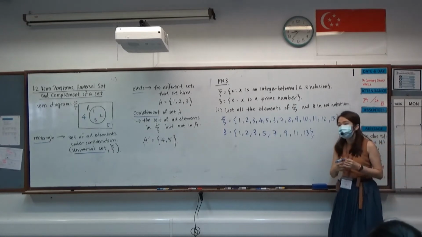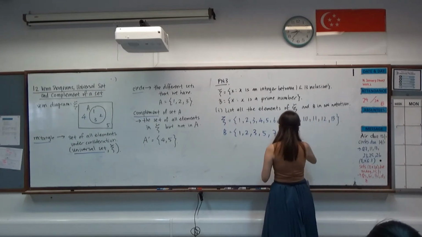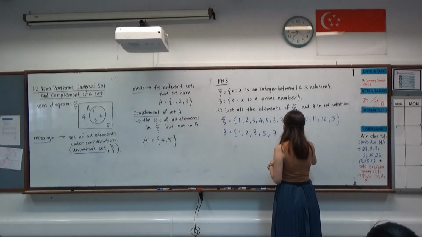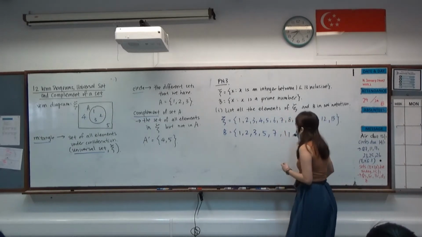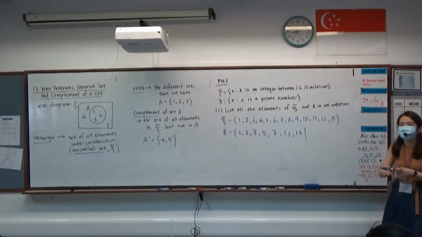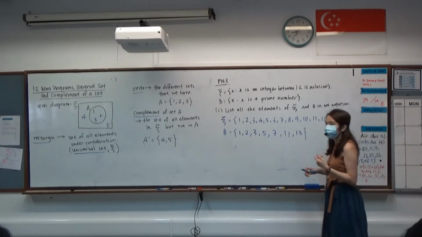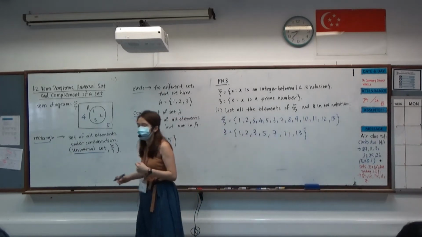Sorry? 1 is not? 9 is not. Any other corrections to make? Anybody agrees, disagree? Dylan says 1 is not. So Noi, what do you think? Is 1 a prime number?